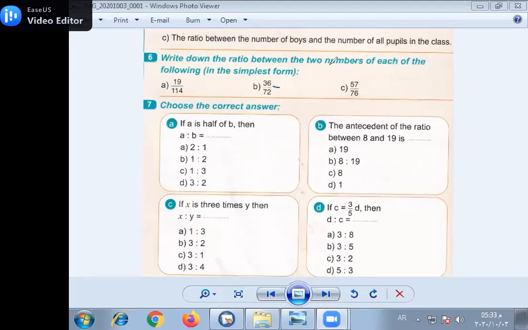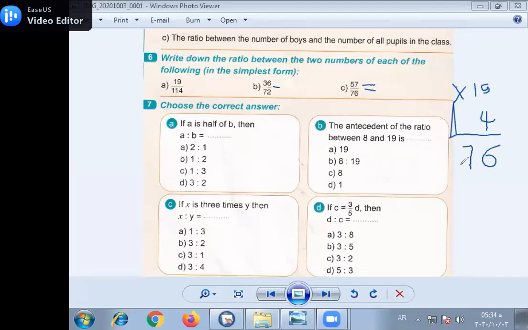Divided by 19. Yes. Okay, let's check. 3 times 19 equals 57. 4 times 19: 4 times 9 is 36, write 6 and carry 3.